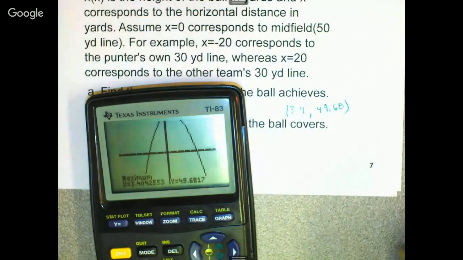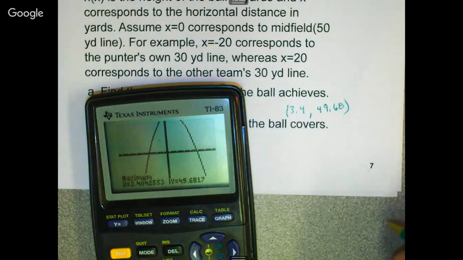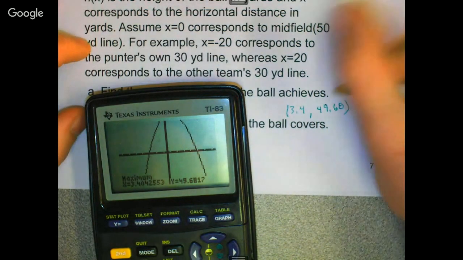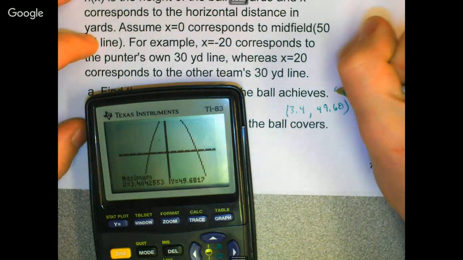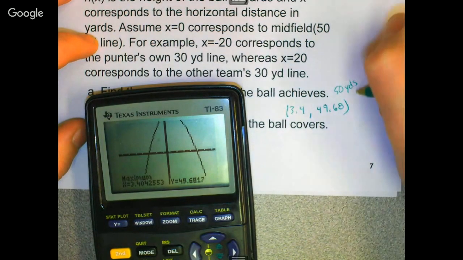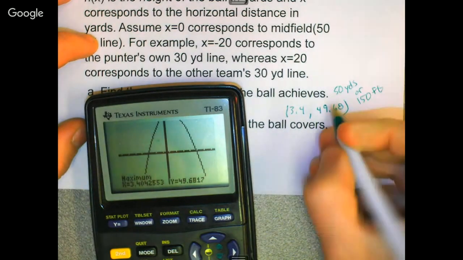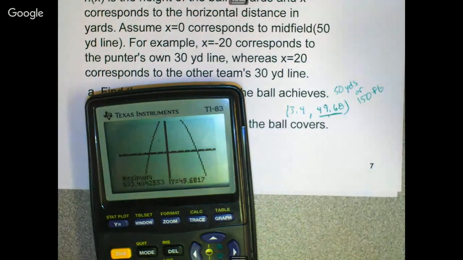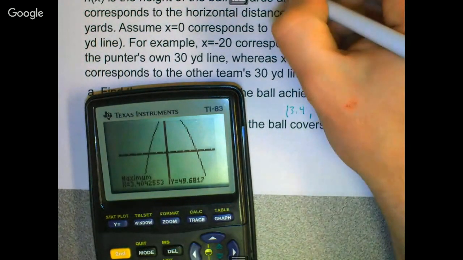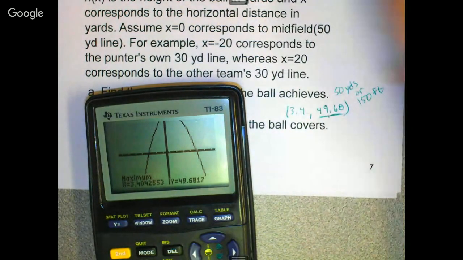So what is the maximum height? That's about 50 yards or 150 feet. It's actually 50, but we're a little bit off. It's not quite at the vertex there.